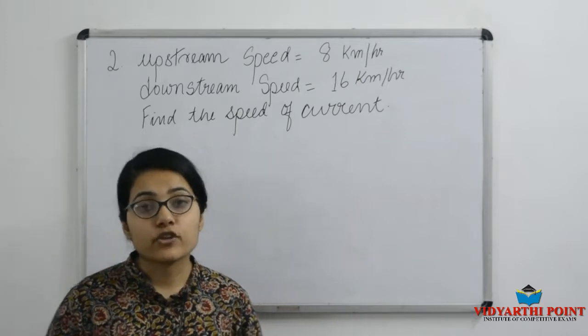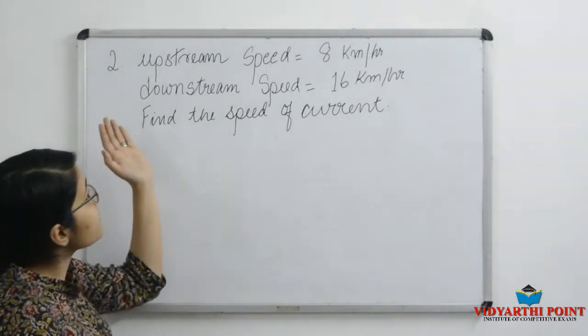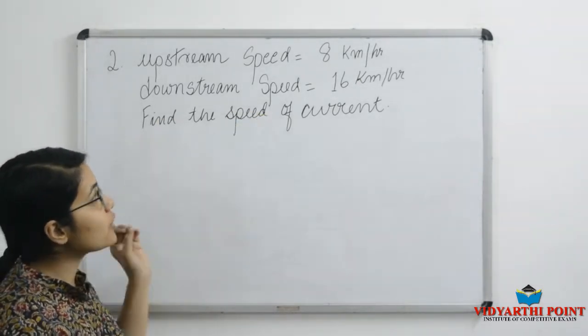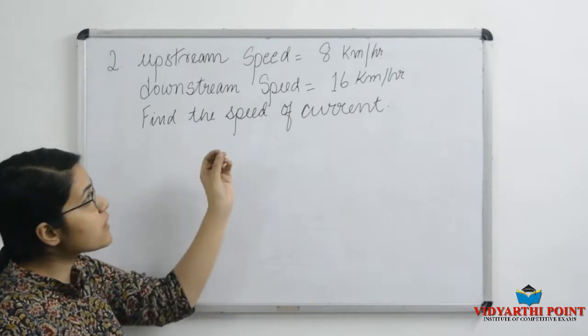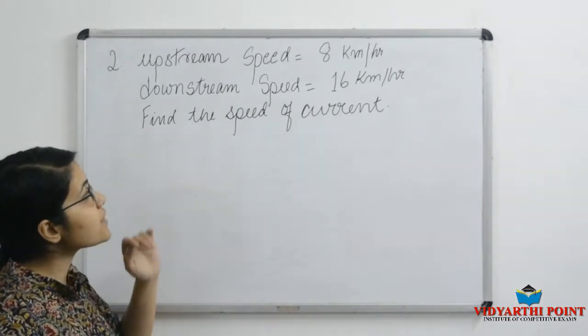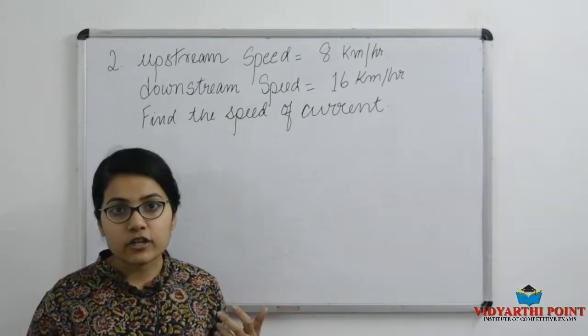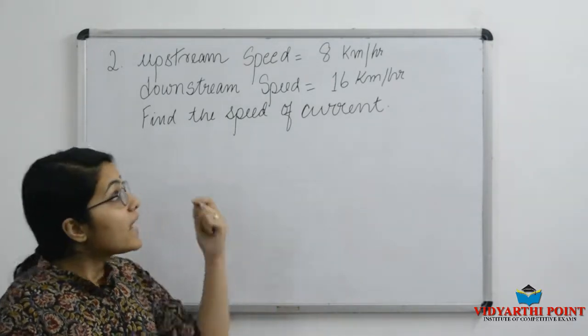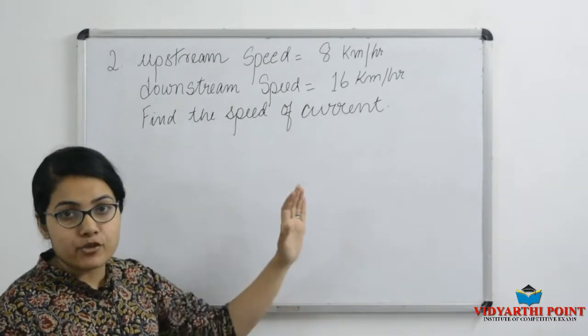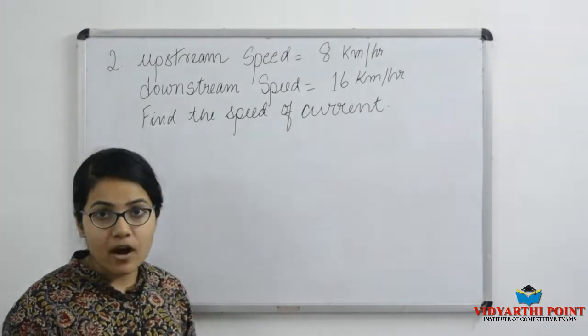Now, let us look at question number 2. Here we have the data, that is upstream speed equals 8 km per hour, downstream speed equals 16 km per hour. Find the speed of current. Here similarly, like the previous question, the boat can row 8 km per hour upstream and 16 km per hour downstream.